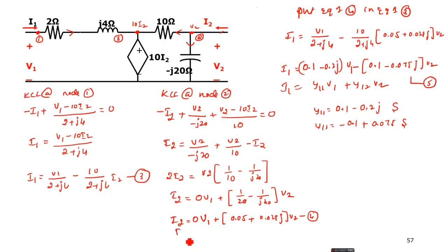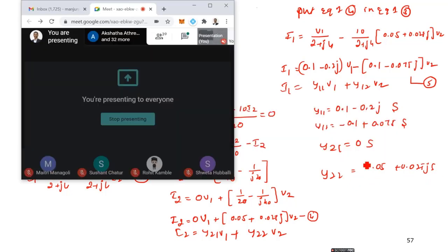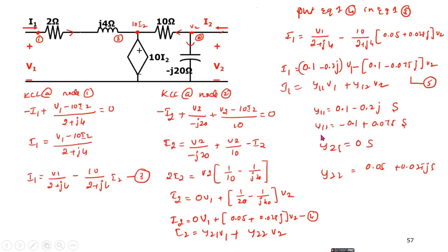Okay, let us compare this equation with y21 V1 plus y22 into V2. What is y21? It is 0 Siemens. What is y22? Y22 equals 0.05 plus 0.025 J Siemens. Okay, so this is the final answer.